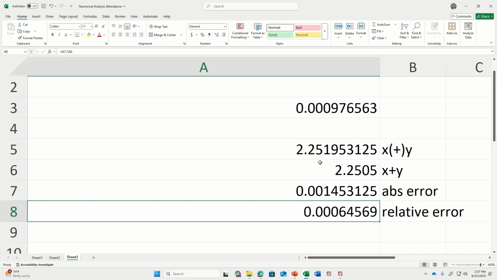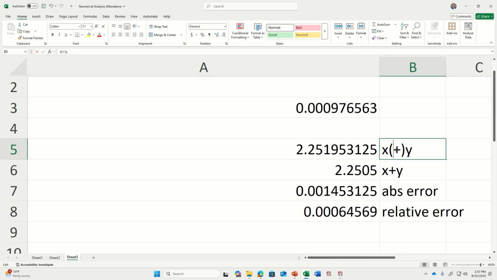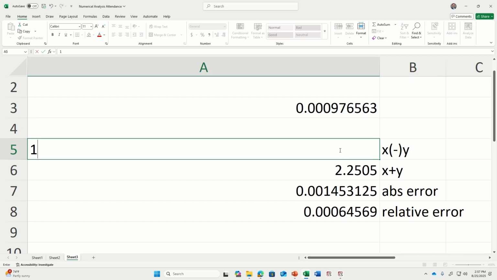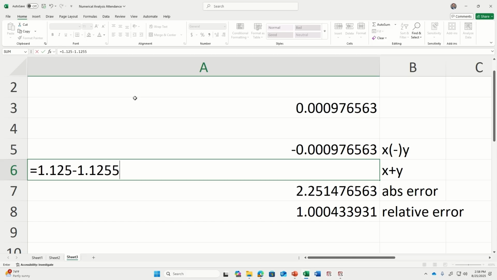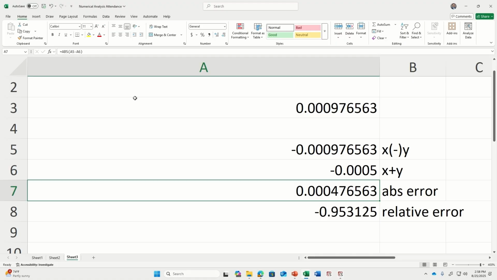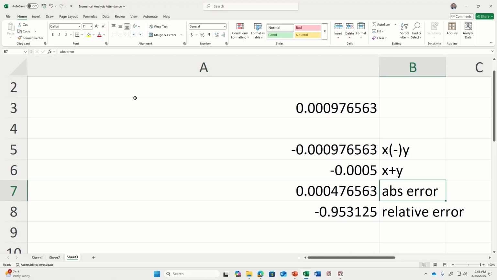So now we've got the machine minus version. Let's talk about the errors, because the machine minus is negative 1 over 1024. The actual one is 1.125 minus 1.1255. My absolute error is pretty small, but I never care about absolute error really.